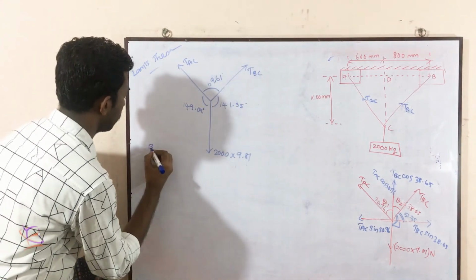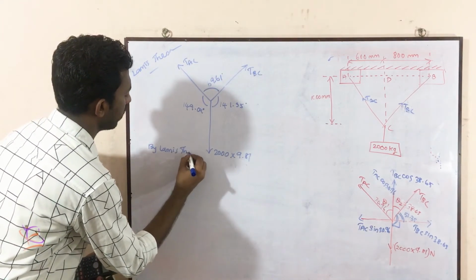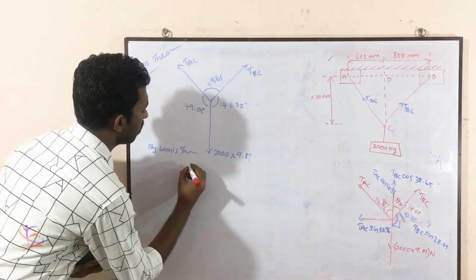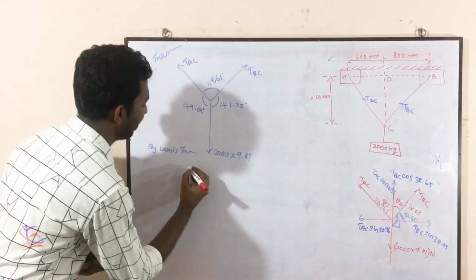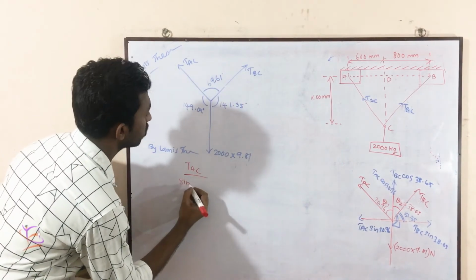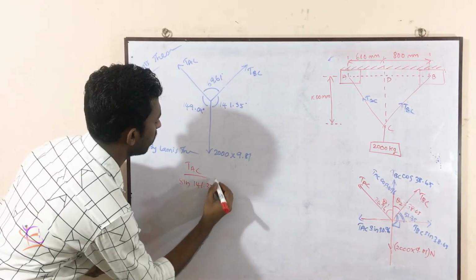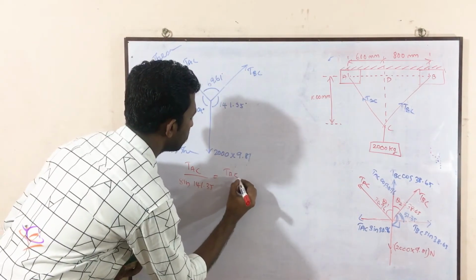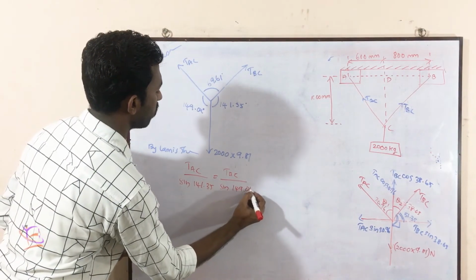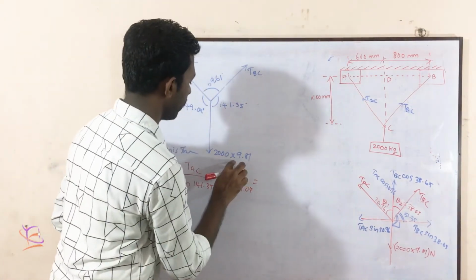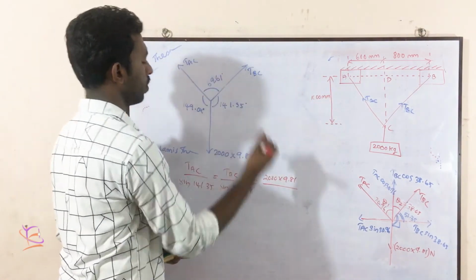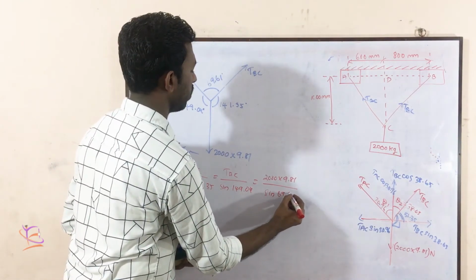So by Lami's theorem, force TAC divided by sine of opposite angle, sine 141.35, equal to TBC divided by sine of opposite, sine 149.04, equal to 2000 into 9.81, totally in Newton, divided by sine 69.61.